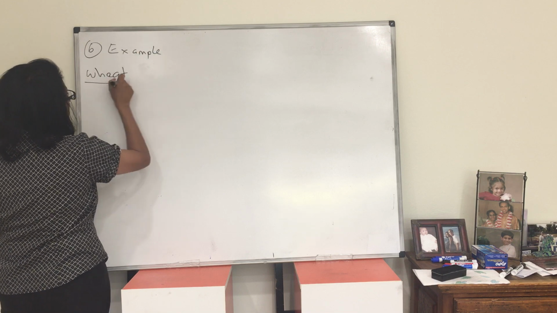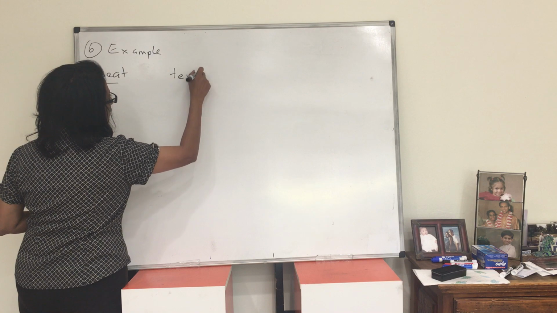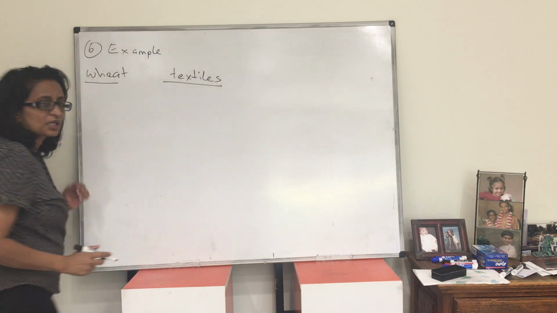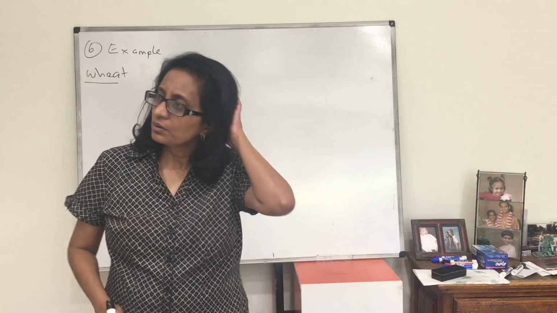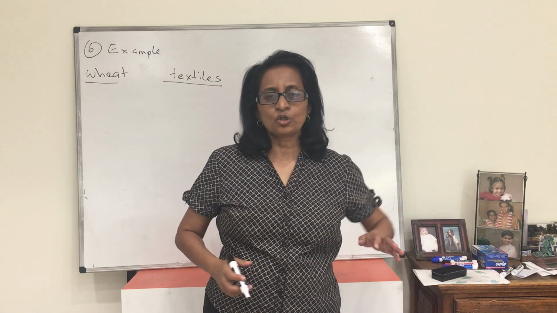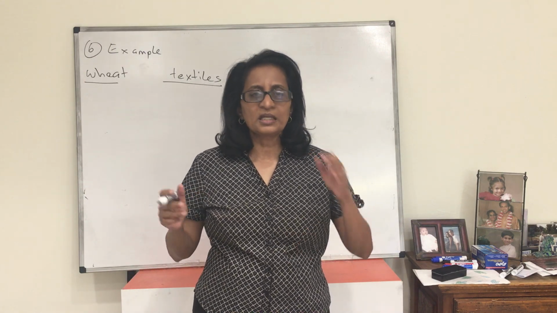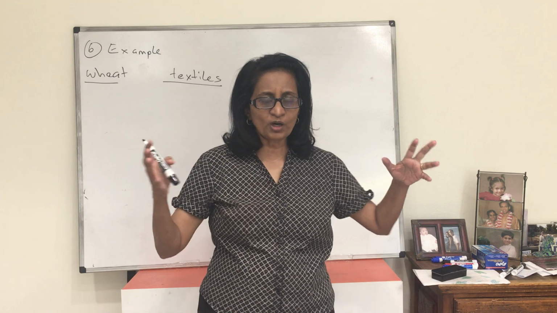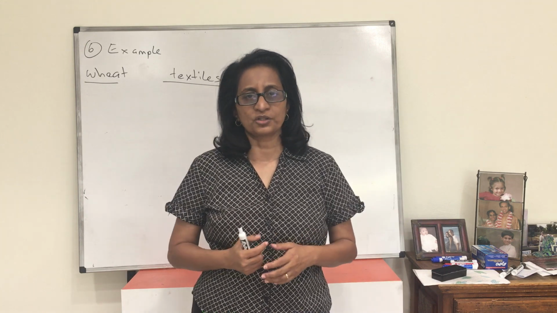So on one level they're making wheat and textiles, and I'm just going to put numbers. This is basically done at one point in time. What I mean by one point in time is all other things constant.